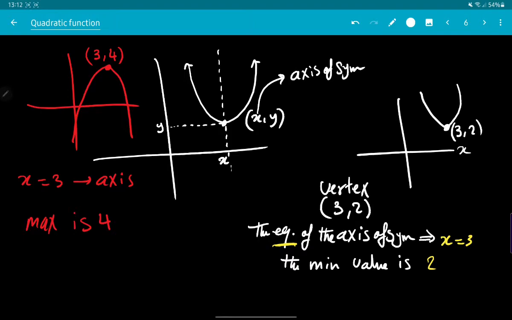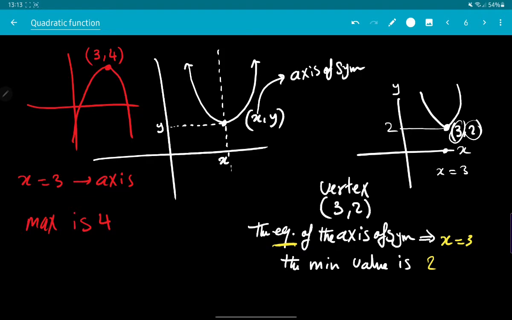X is telling you where the axis of symmetry intersects with the x-axis. So this gives you the equation of the axis of symmetry. So the axis of symmetry is x equals 3. The 2 here is telling you that this is the minimum value of the graph, which is 2.